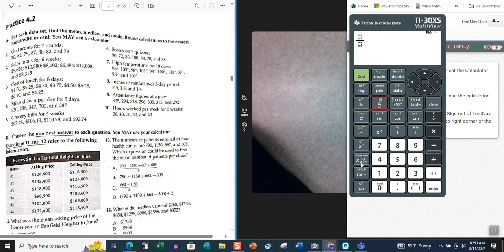So we'll press N over D. We'll do 4.50 plus 5.25 plus 4.50 plus 3.75 plus 4.50 plus 5.25 plus 6.10 plus 4.25.